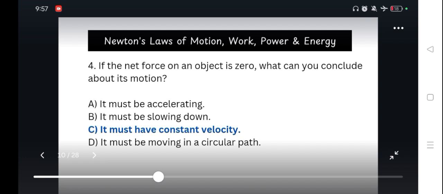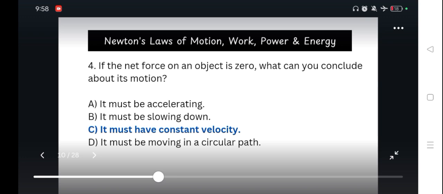If the net force on an object is 0, there are two possible scenarios in its motion. One, the object is at rest, or second, it is moving in a straight path at constant velocity.